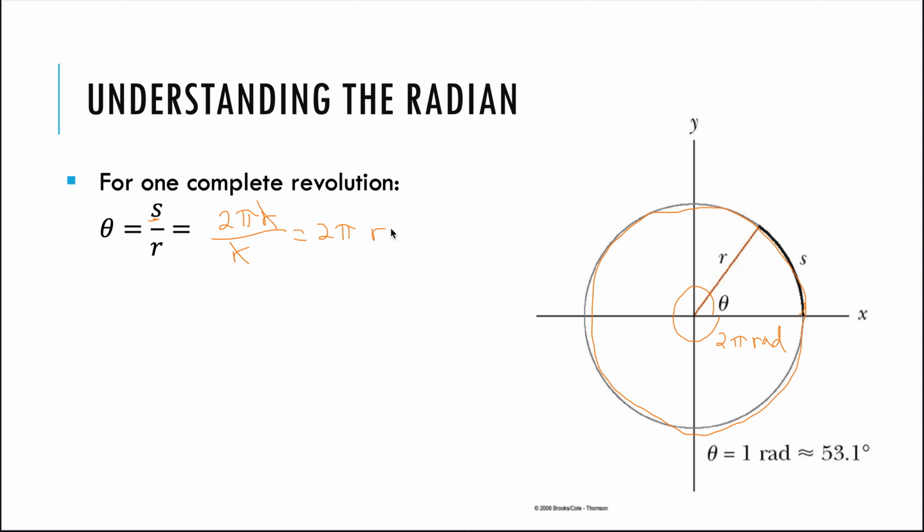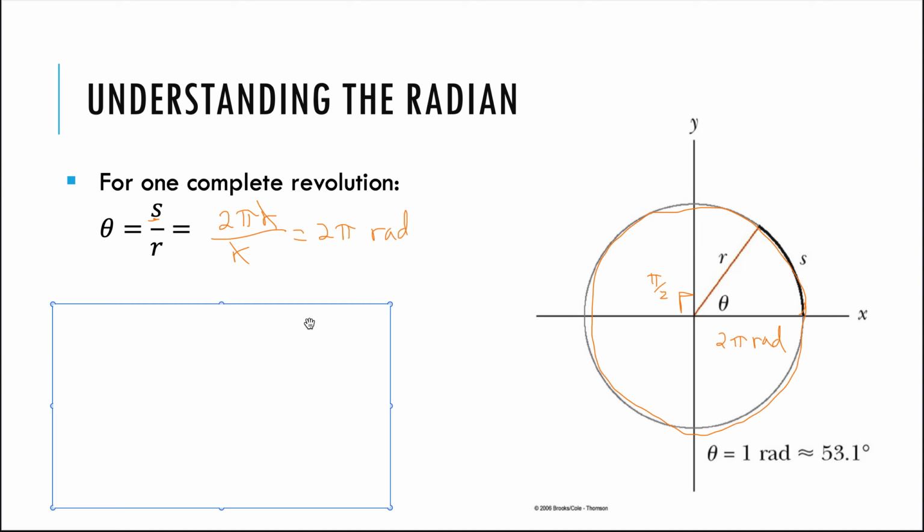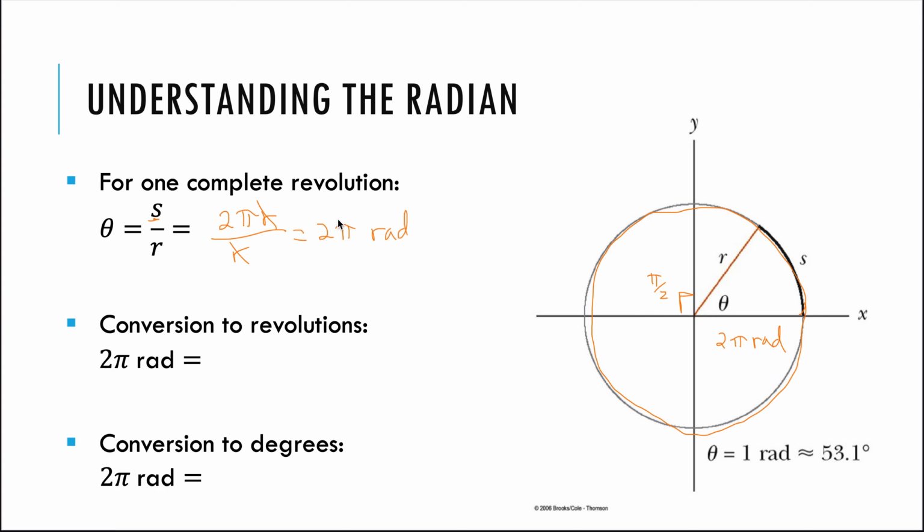This is measured in radians. So this was just to see that this equation makes sense and just to see what a radian is equal to. So if you have 2 pi radians in one full revolution, then you know that every 90 degrees is pi over 2 radians.